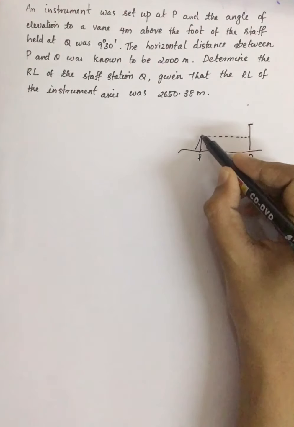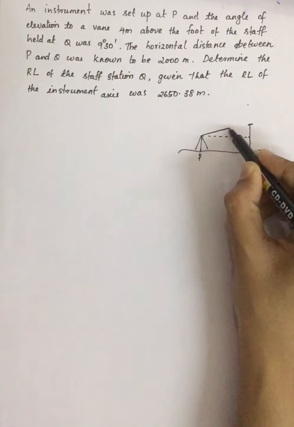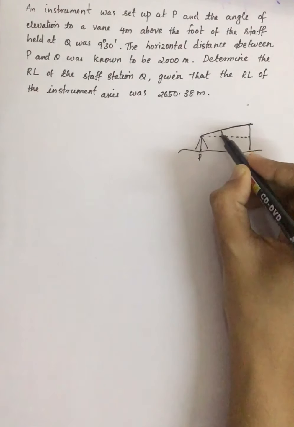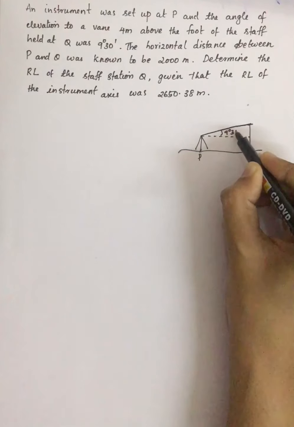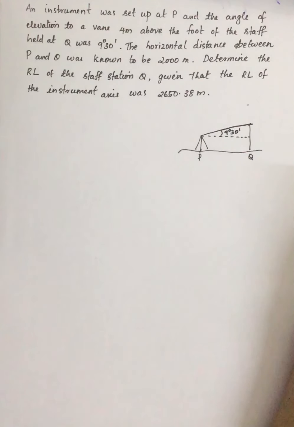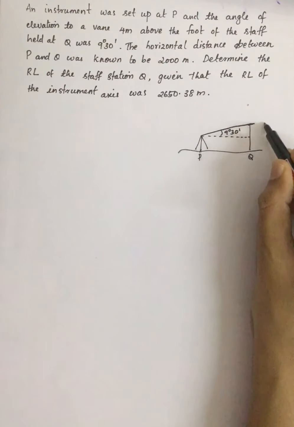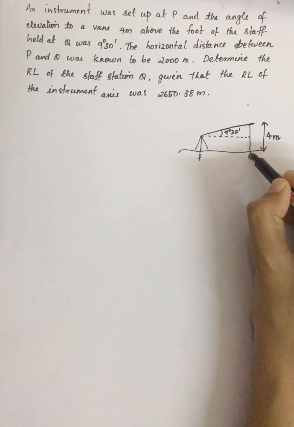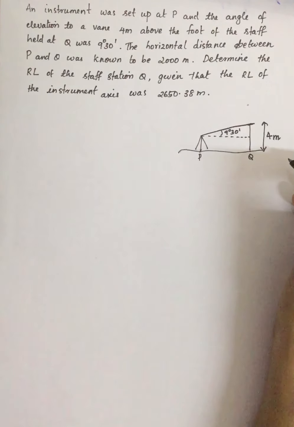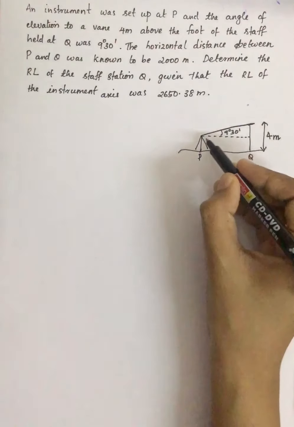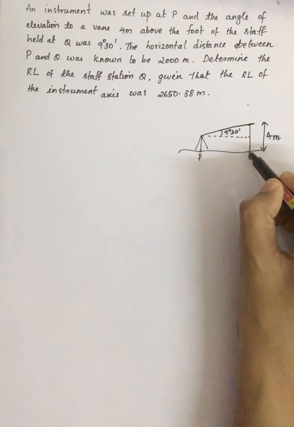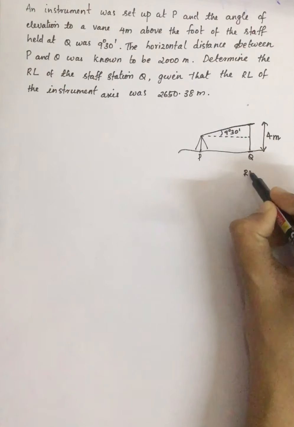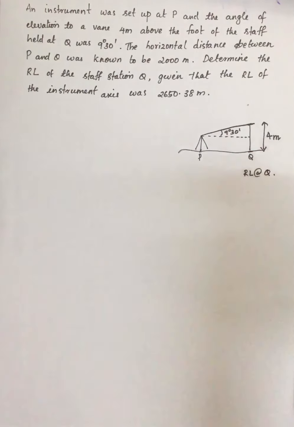The angle of elevation to that vane is 9 degree 30 minutes. This vane is at a distance 4 meter from station Q, or from the foot of the staff. So you need to calculate the reduced level at Q.